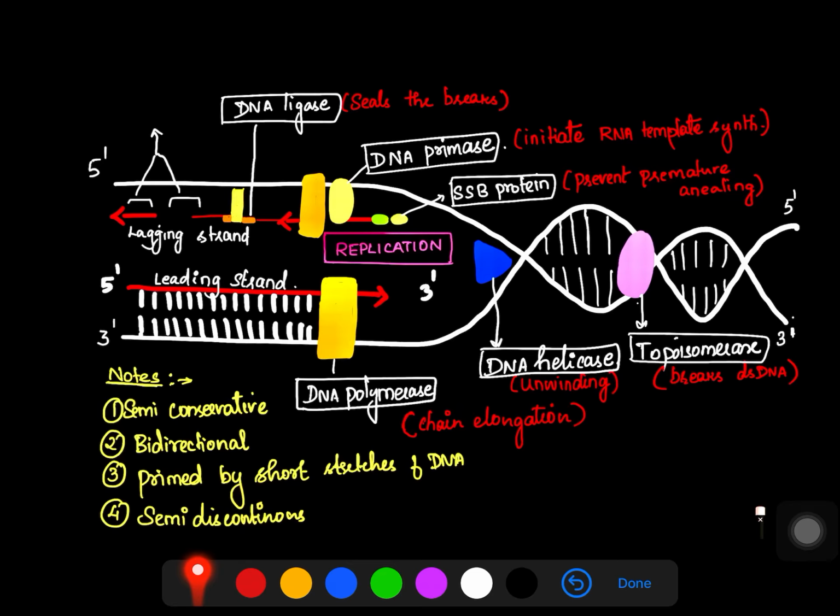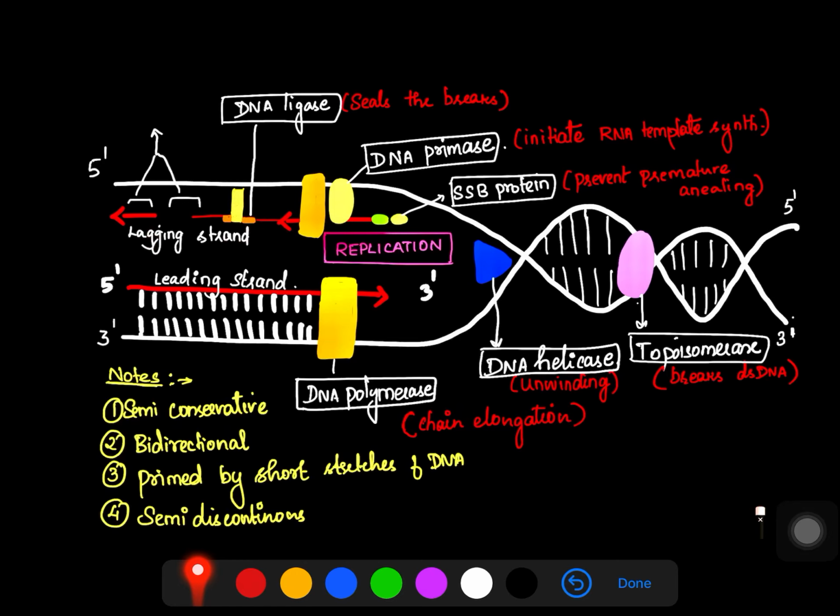It initiates the new strand with that primer. Once it has been initiated, the RNA primer goes away. After that, the DNA polymerase takes over the elongation. This is new strand synthesis by DNA polymerase and DNA primase.